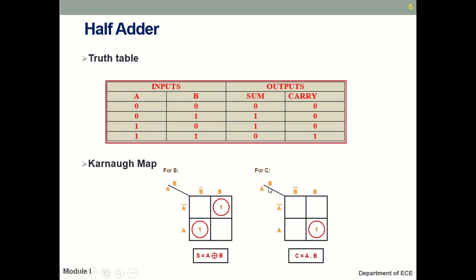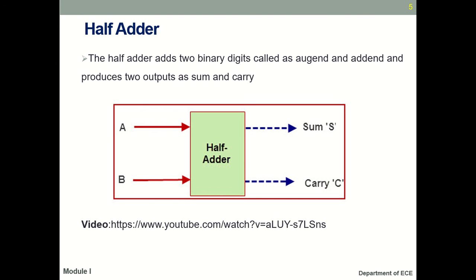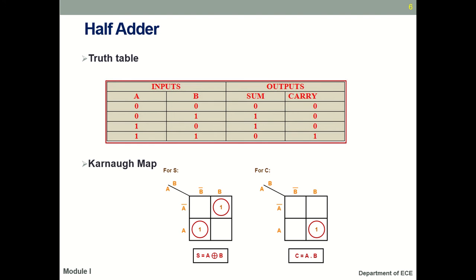Now the truth table for the sum and carry. A and B are the two inputs. If we have n inputs, 2 power n combinations are possible, so for two inputs there are four combinations: 00 is the first, 01 the second, 10 the third, and 11 the fourth.